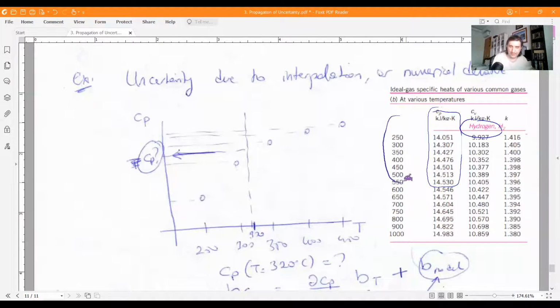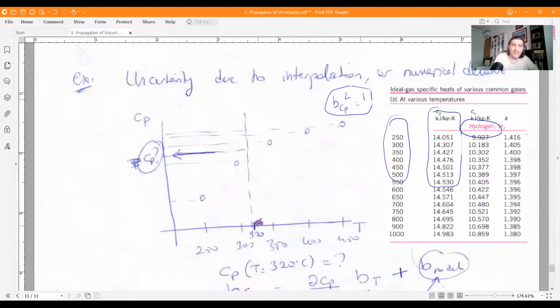determining the uncertainty related with, of course, Cp is not usually going to be a final result in your experiment. It may probably be an intermediate result, but we would like to determine the bias term related with Cp. And Cp is going to be read from this table.